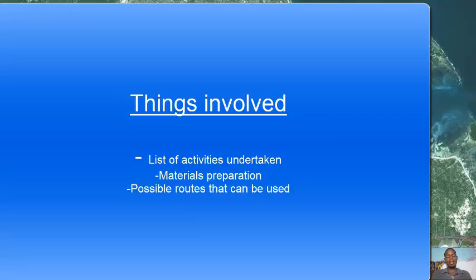You prepare the materials and other instruments that can help you obtain your data, like GPS, and prepare your GPS receiver so as to get accurate coordinate points, but also plan the routes you're going to take.